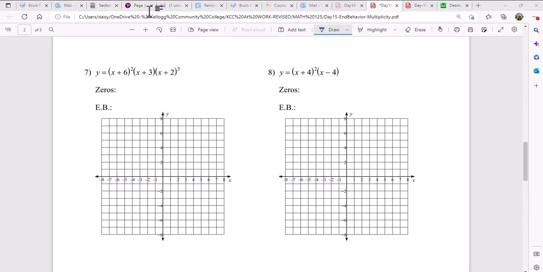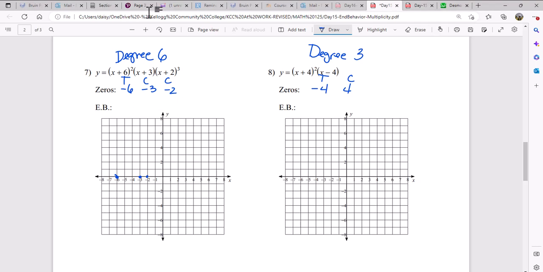So for the last two, go ahead and try it, and then I will give you the roots, the degree, and the multiplicity. So this is of degree 6. This means it's an even degree, which means it follows the same pattern as our parabola.